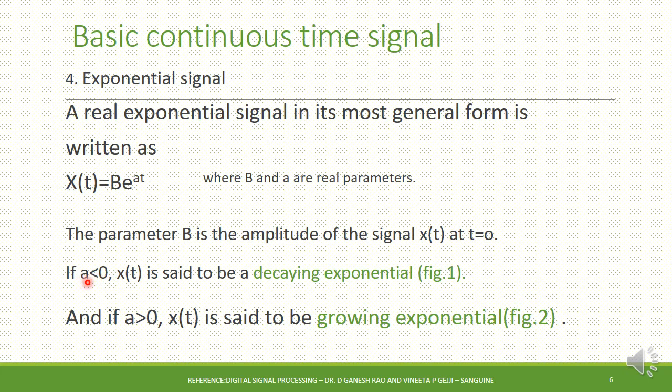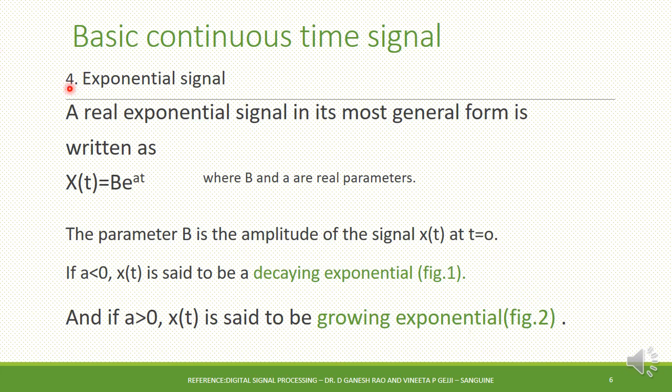If the a value is less than 0, then x of t is said to be a decaying exponential signal. If a is greater than 0, then x of t is called the growing exponential signal. Okay, if you see the figure, then it is clear for you.